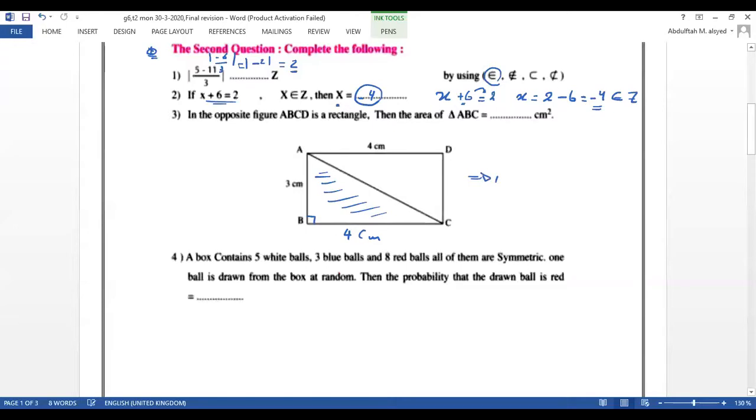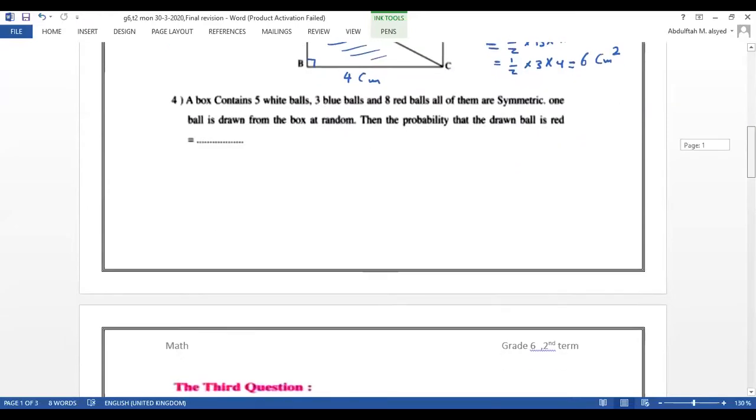Area of triangle ABC equals half times base times height equals half times 3 times 4 equals half times 12, which is 6 square centimeters. So this is a very easy problem.